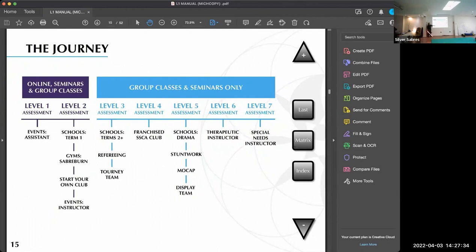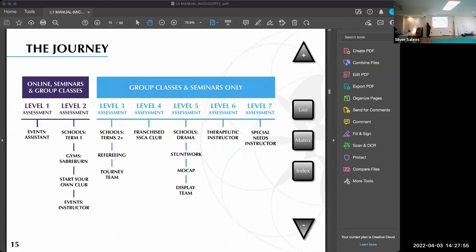And at events, you are actually a lead instructor. That's because you now have enough understanding to be able to make corrections to people who are assisting you, as well as the students who they're assisting. Level 3, 4, 5, 6, and 7, you can only really pick up this information if you are in class in person.